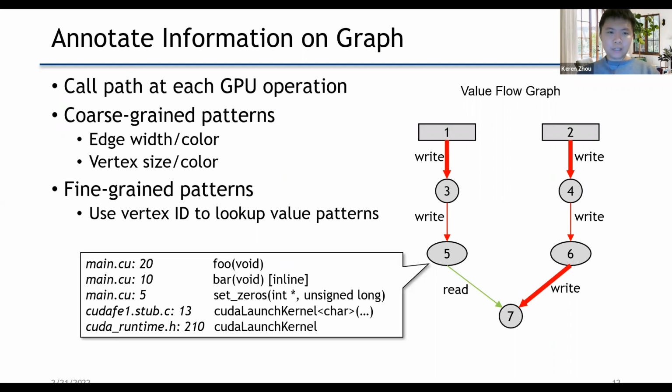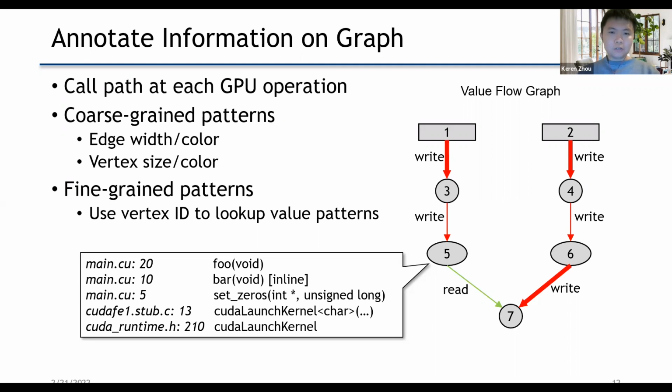First, we annotate call path at each GPU operation. For example, at operation 5, we annotate its call path from foo to bar to set zeros and to CUDA launch kernel so that users can find out its related source code and perform optimization.